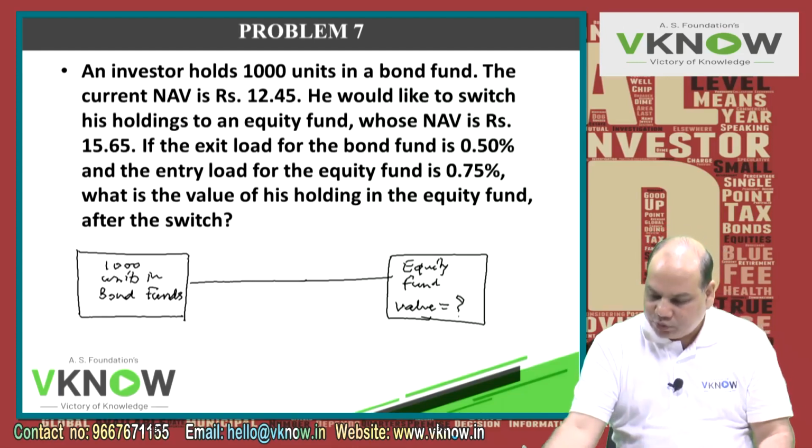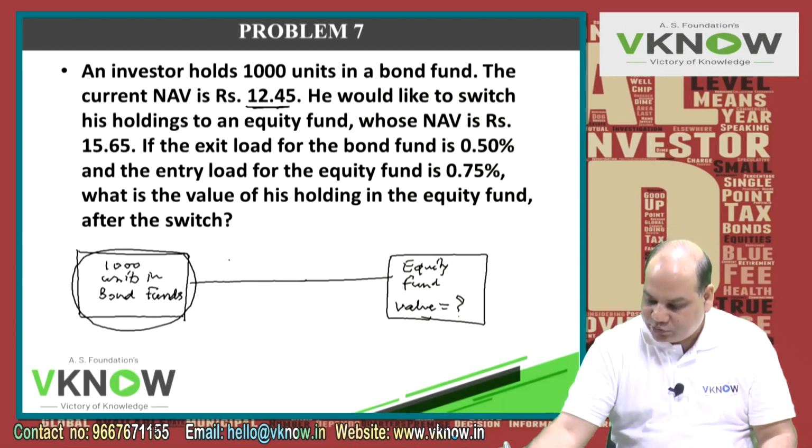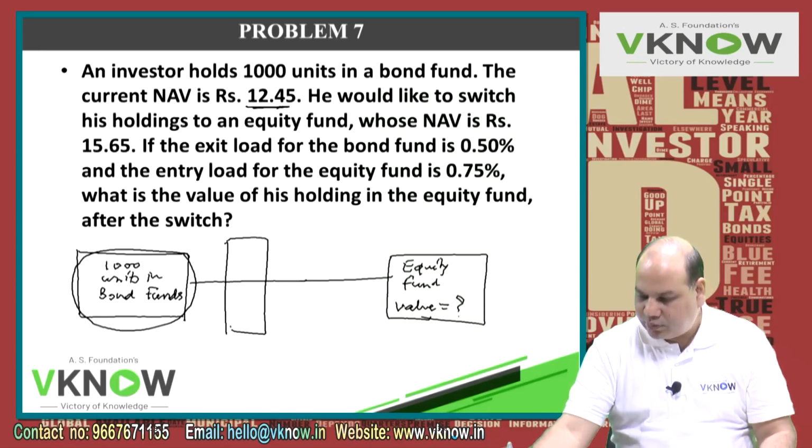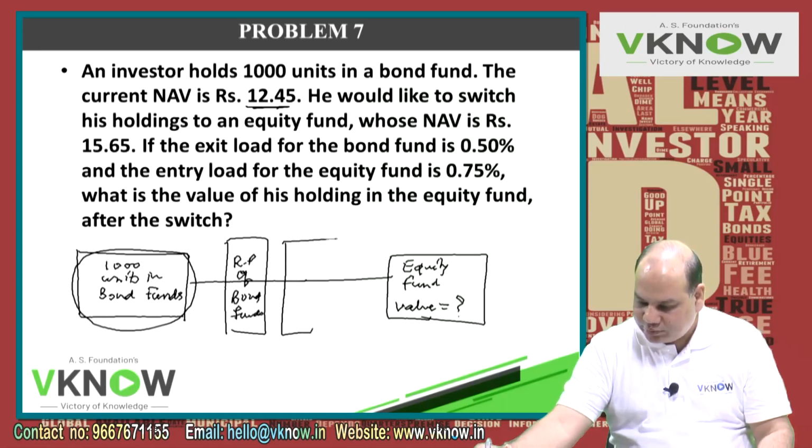So first he will have to sell these bonds, means you have to apply the repurchase price here. So one step will be to find out the repurchase price of bond funds. Then you will get amount received on redemption of bond fund.